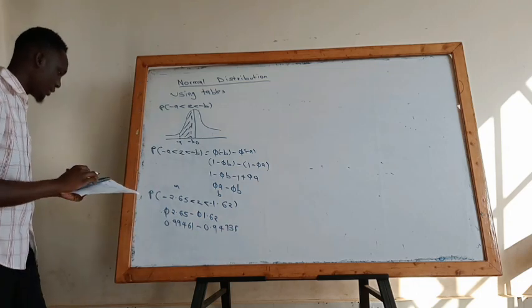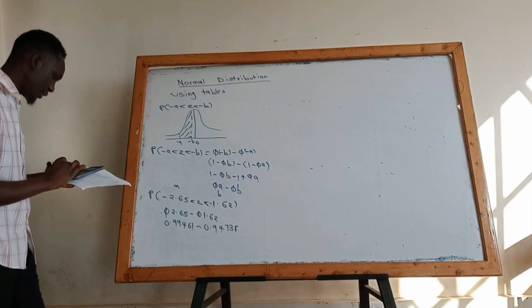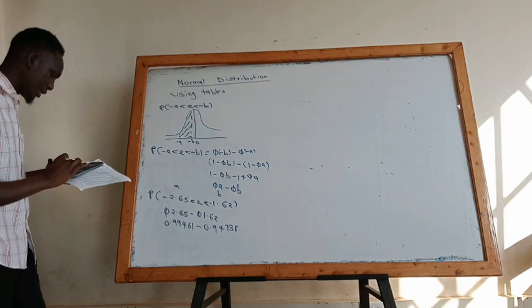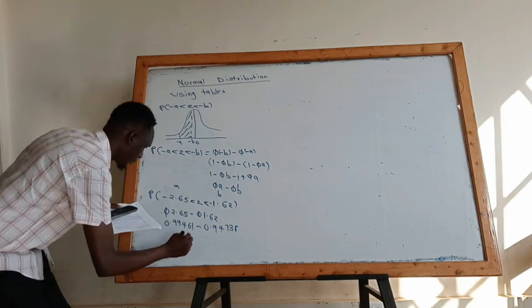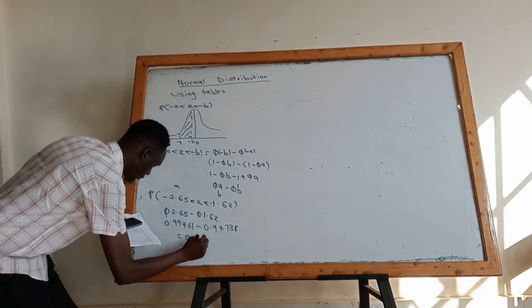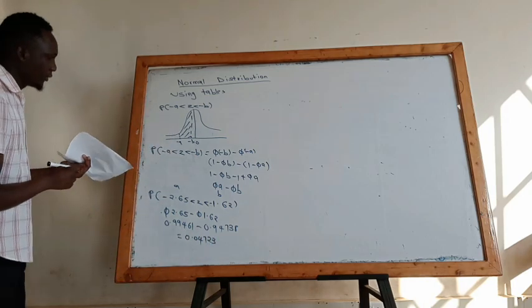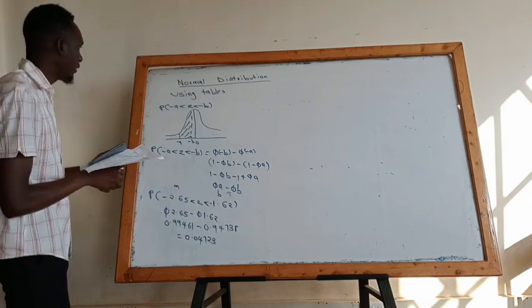Then we subtract: 0.99461 minus 0.94738. Find that it's equal to 0.04723. Find that when you know the identity, it is easier to solve.